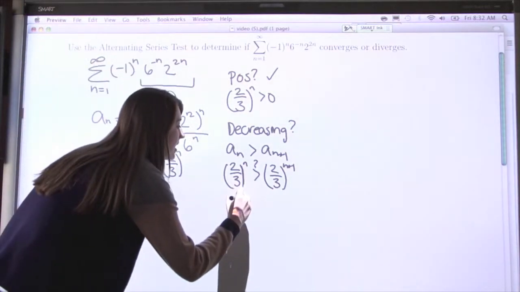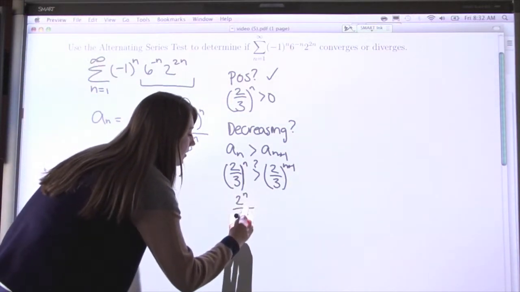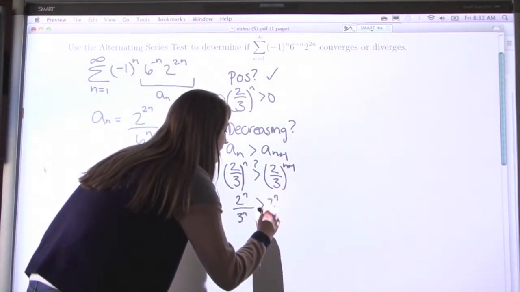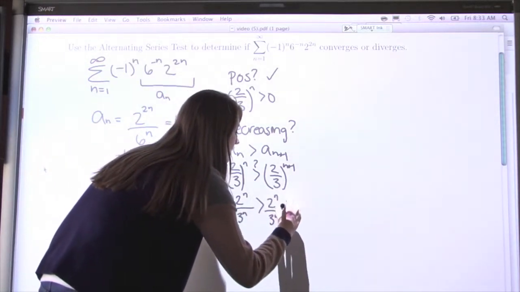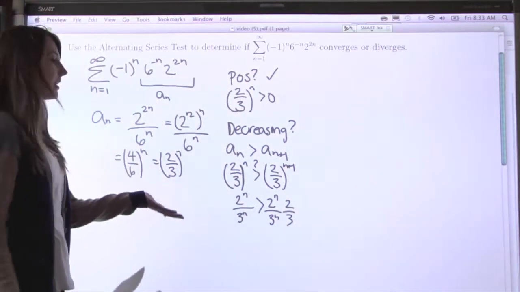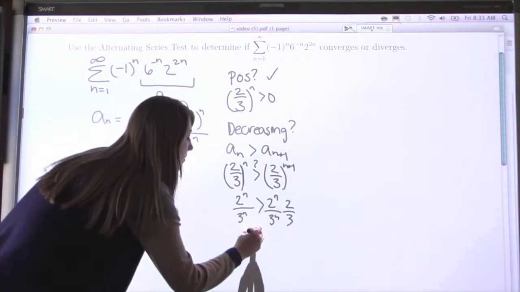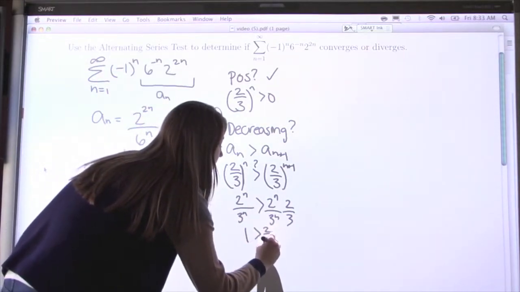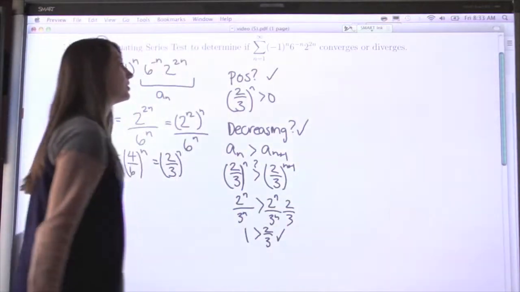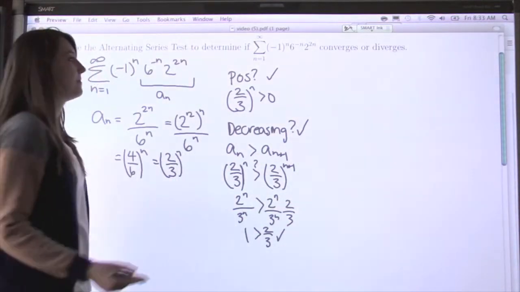Right? So this is like 2 to the n over 3 to the n. Is that greater than 2 to the n over 3 to the n, times 2/3? Well, yes, we can see that it is, because this is like 1 is greater than 2/3. So yes, it's decreasing. So the last part we need to check is the limit.